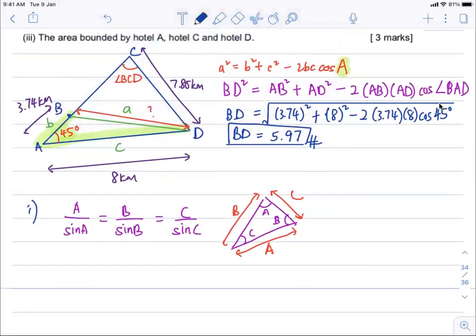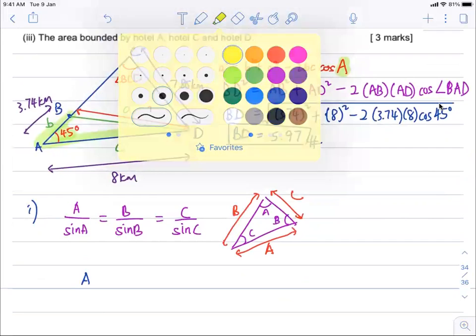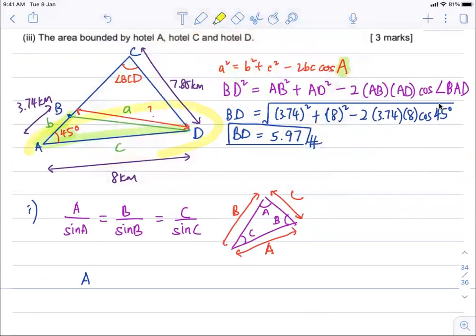So we can write AD, let me show it here. This one, AD would be opposite angle BCD. So AD over sine angle BCD would be equal to an angle that we know and a length we know, CD and angle CAD, the 45 degree.